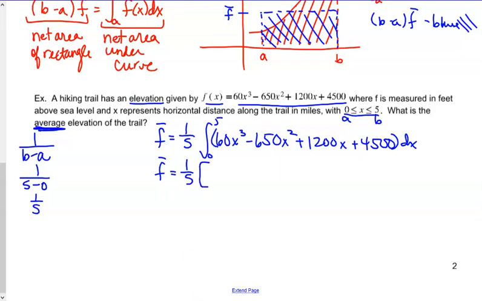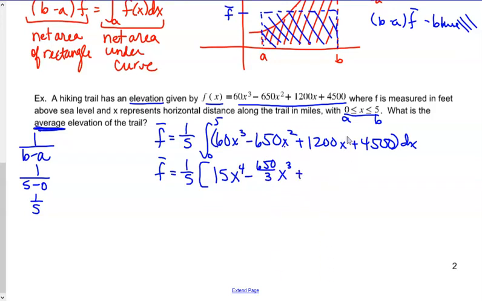So let's go ahead and integrate our polynomial. Let's try to do this in our head. If I add a power to x cubed, then I get an x to the 4th that I would have to divide 60 by 4. Well, 60 divided by 4 is 15, therefore I get 15x to the 4th. Minus, add a power to the x squared gives me x cubed. Unfortunately, when I divide by 3, it does not go in evenly to 650.